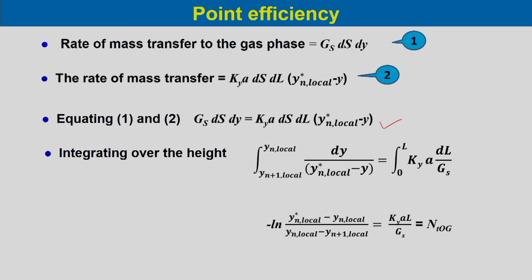From here we get ln of yn star local minus yn plus 1 local divided by yn star local minus yn local, equal to Ky a L by Gs. This is defined as NTOG, the number of transfer units for the gas phase.